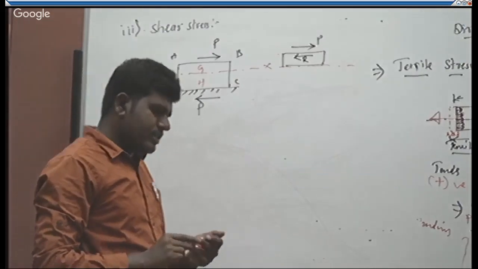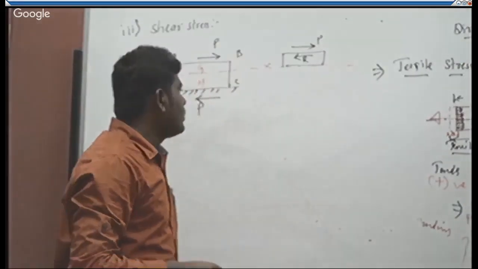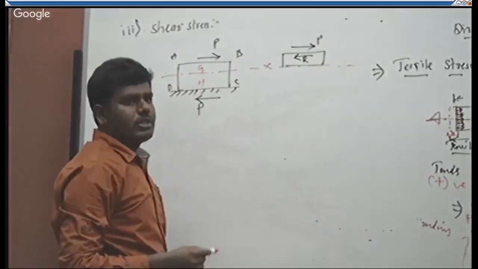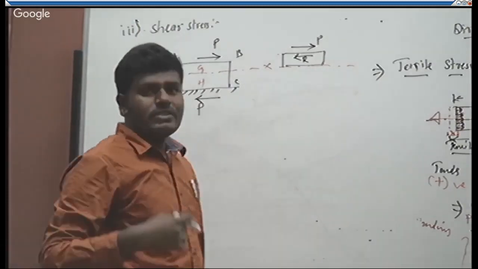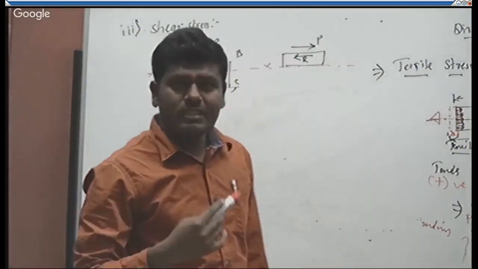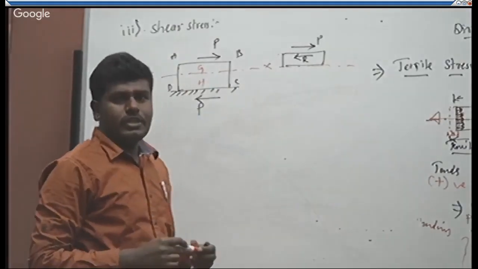This shear stress is usually induced in sliding members or rubbing members. So when a tangential force is applied parallel to the surface of the member, the stresses or reactive forces developed in the member are called shear stresses.